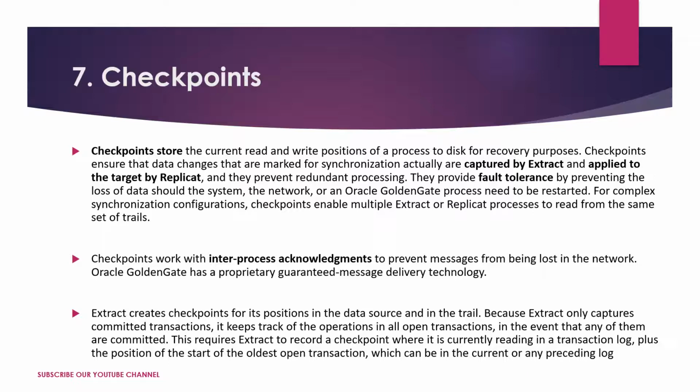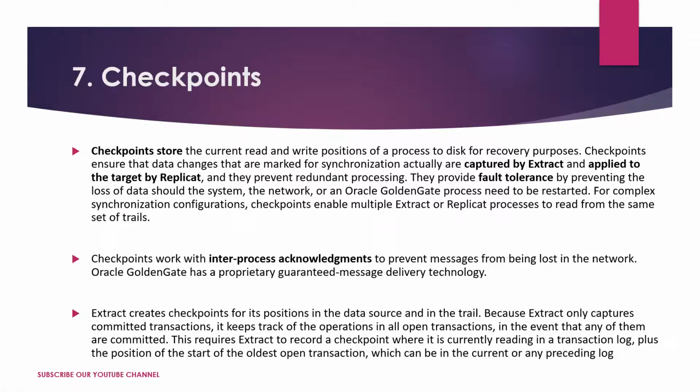And after that, checkpoints work with inter-process acknowledgement to prevent messages from being lost in the network, and Oracle Golden Gate has a proprietary guaranteed message delivery technology. That means it will make sure that whatever data is transferred from the source is acknowledged. This happens because of the checkpoints.